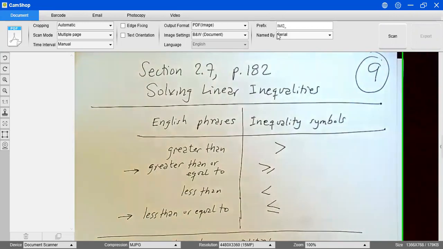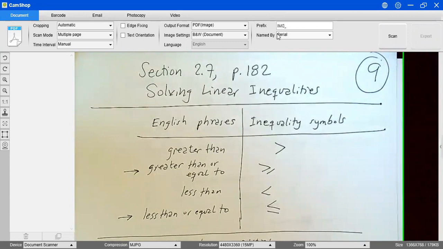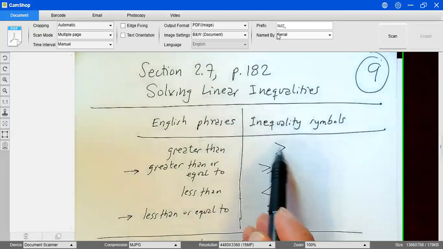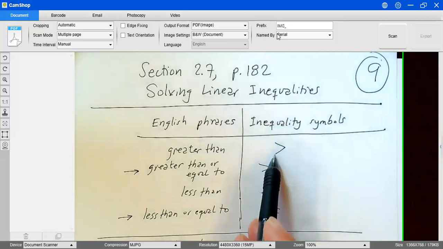The first thing is that we're going to need to understand some English phrases like greater than and the corresponding inequality symbol. Anytime you have a problem talking about a value being greater than another value, you're going to use this symbol. That's the symbol for greater than.